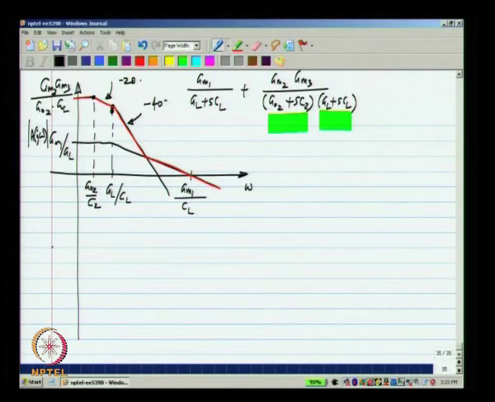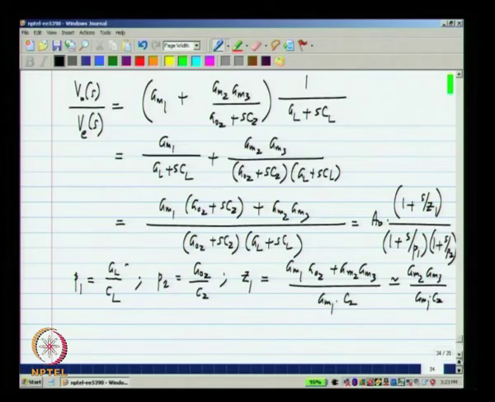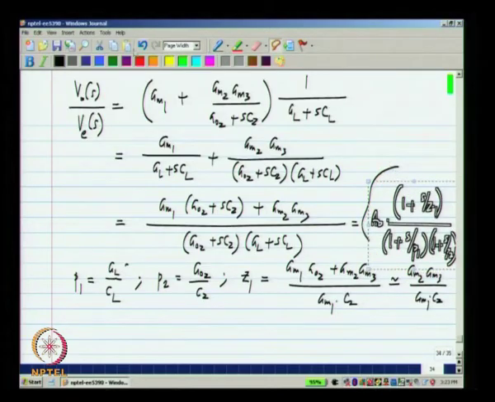Now, what happens to the phase? First of all, for drawing the phase, the other form is more convenient, the form that is given by this expression.